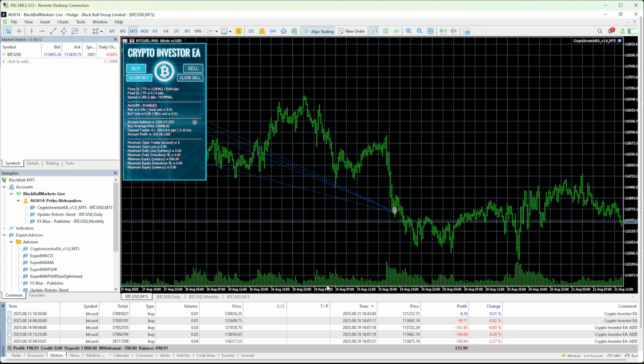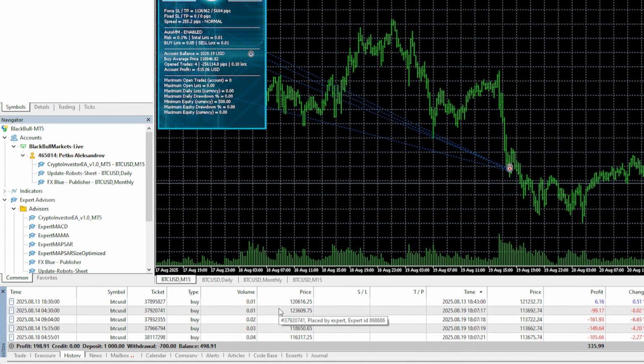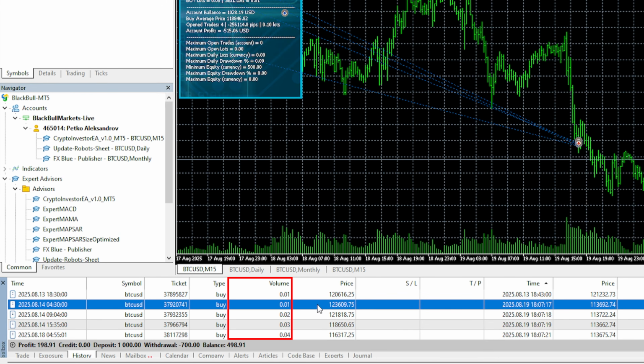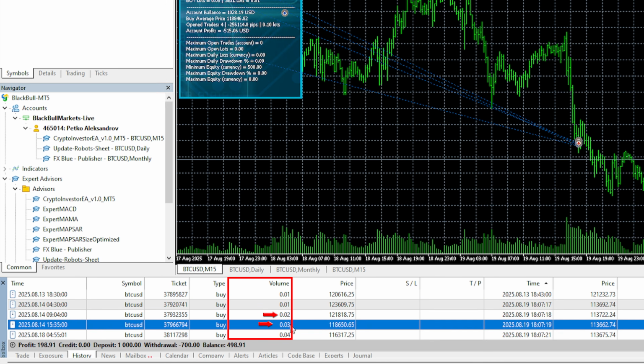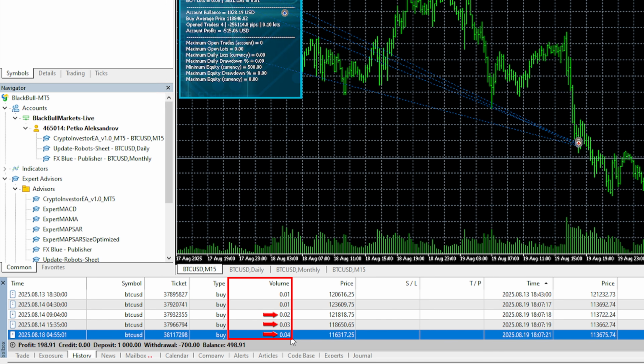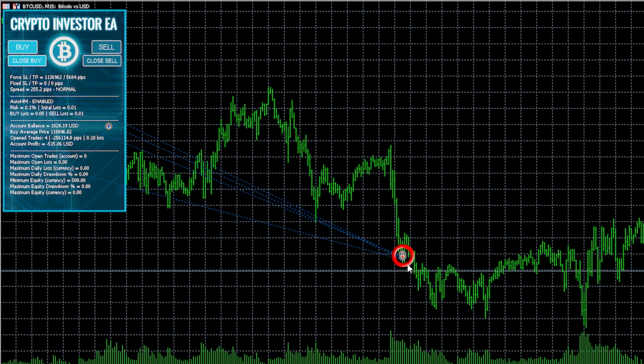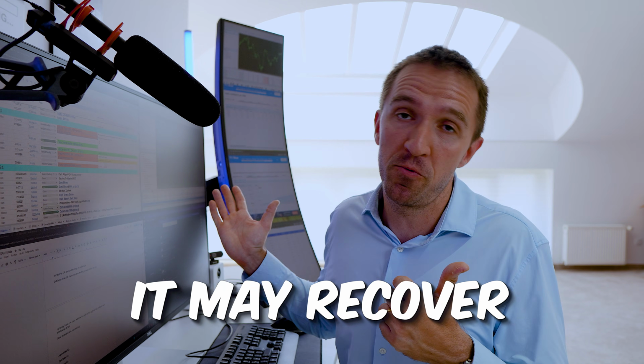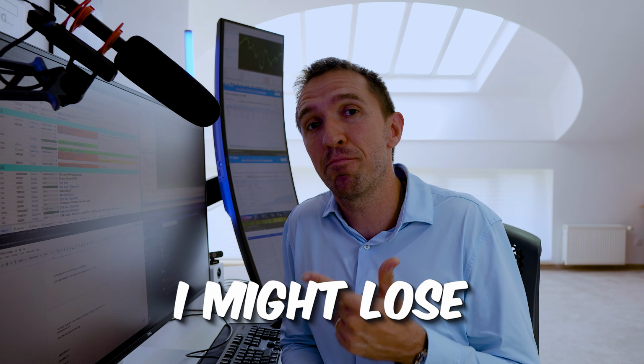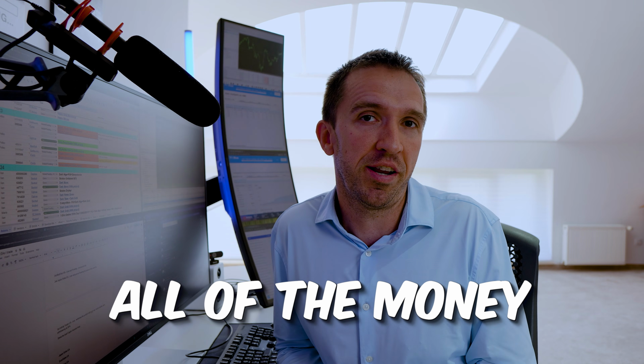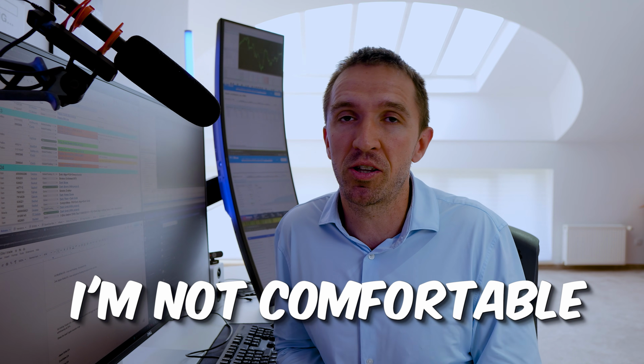But the thing with the Crypto Investor EA is that it uses not a very aggressive martingale, but still it is a martingale, right? You can see that it increases the lots with 0.01, 0.01 until 0.04, and that might be huge for a $1,000 live account. However, if I didn't have the 50% protection, two things may happen. One is it may recover, or two, I might lose all of the money in the account, and I'm not comfortable with that.